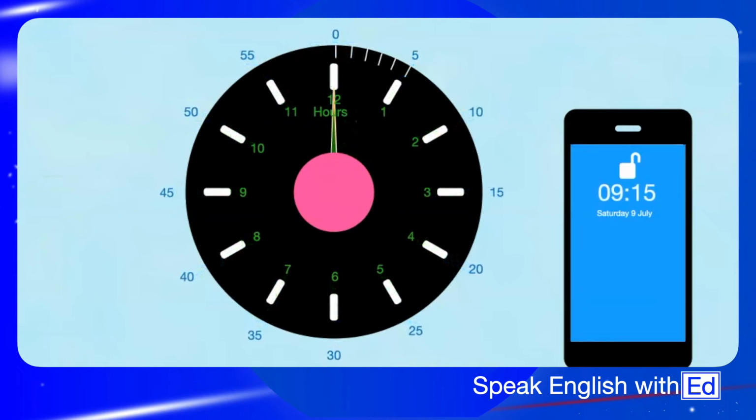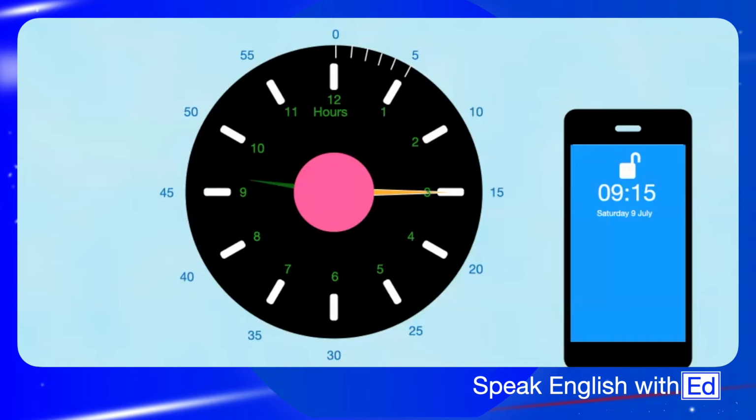But usually when you see a clock or a watch or anything, the numbers that you see on the face are hours, not minutes, they're hours. So we'll put these hours onto the clock face. Now remember, the small hand tells us what hour it is, and the big hand, the long one, tells us what minutes they are.